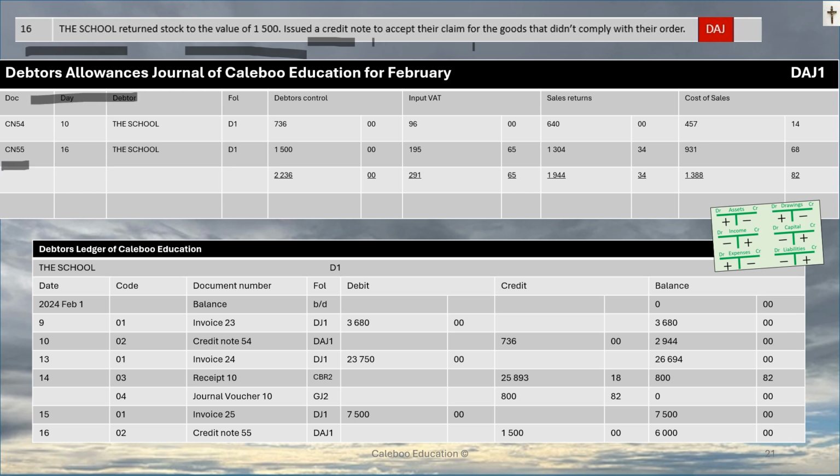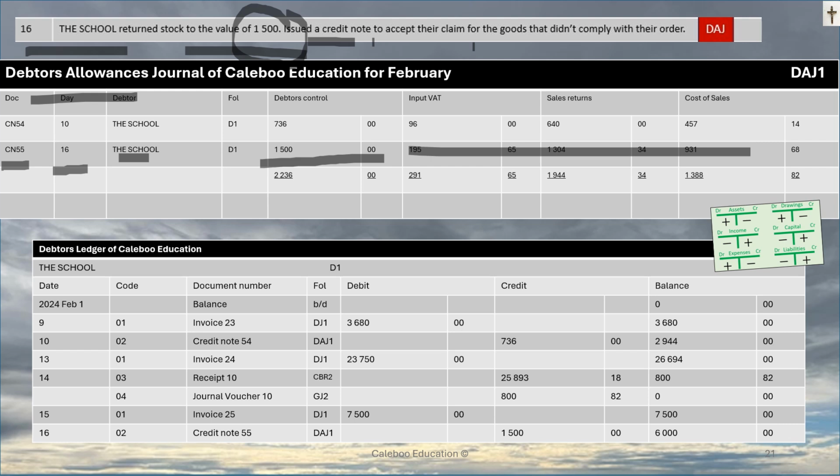We issue them a credit note, CN 55. It was on the 16th. How much was the school credited? 1,500. Not going to go through those calculations.